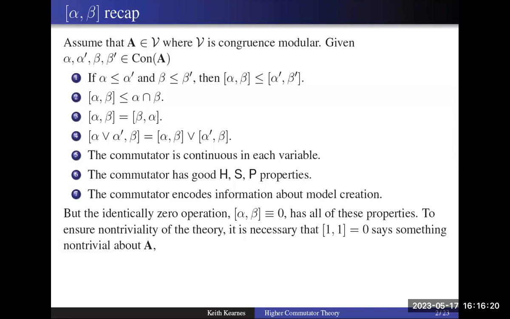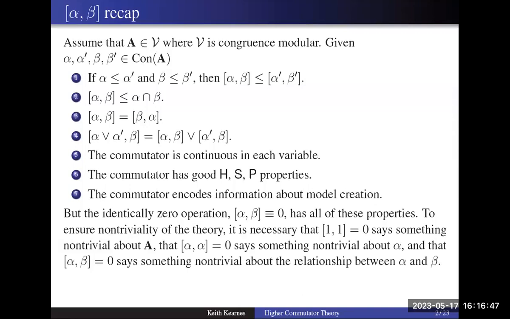In particular, by monotonicity, that's the same as saying you don't want the largest congruence commutator itself to be 0 always. So that should be very restrictive. And in the case of groups, we're saying an abelian group has very special structure. Okay, or a congruence alpha. If [alpha, alpha] is 0, that should say something very strong about alpha.